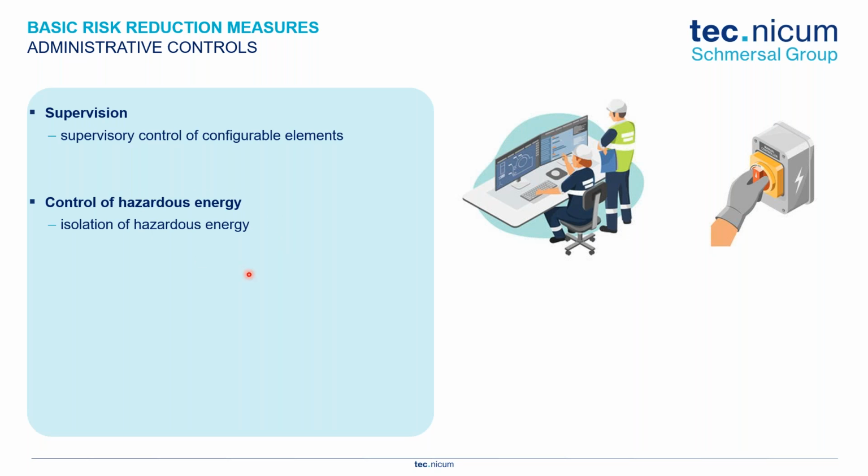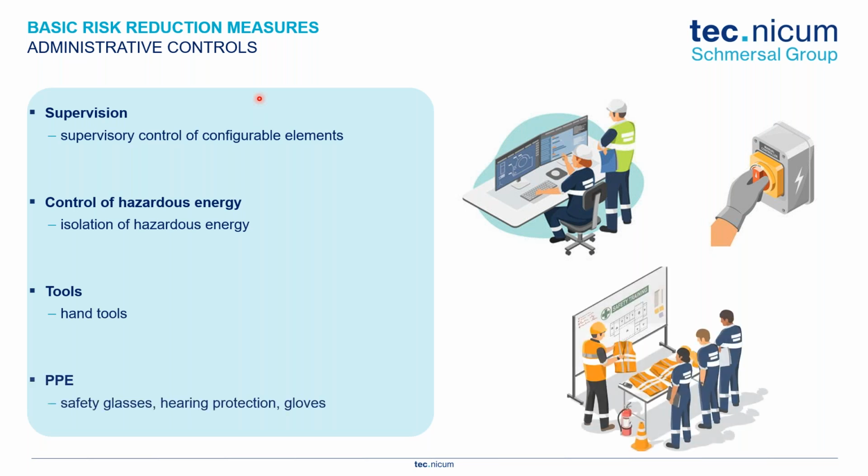Isolation of hazardous energy, right? So maybe bringing in this idea of lockout, tagout, a whole other discussion. There's a whole set of procedures, a whole program that we need to follow. But for administrative controls and dealing with this machine and the process, we may rely on isolation of hazardous energy.